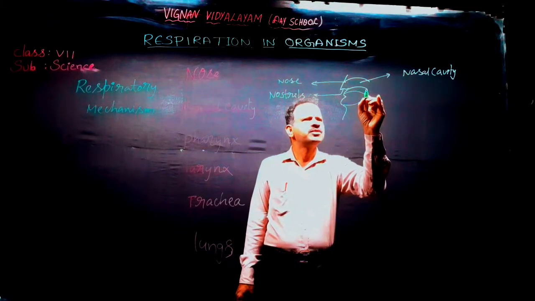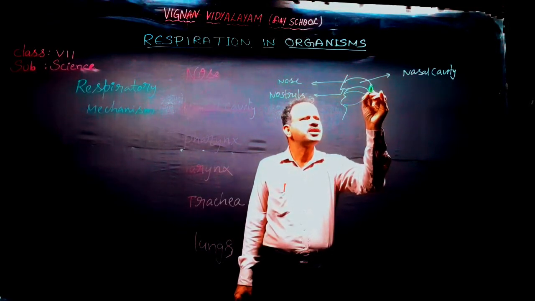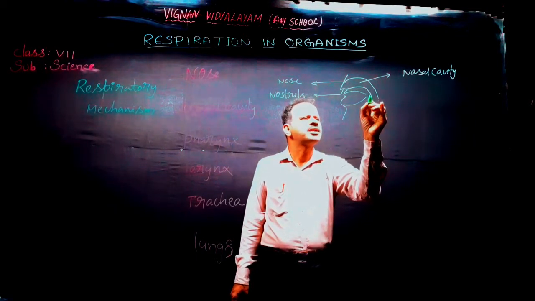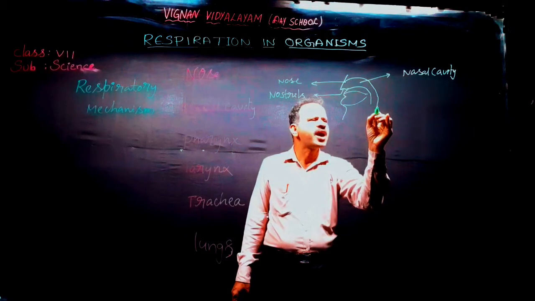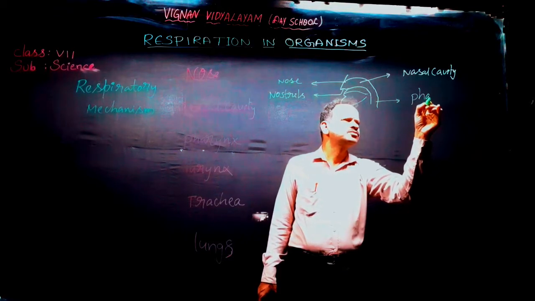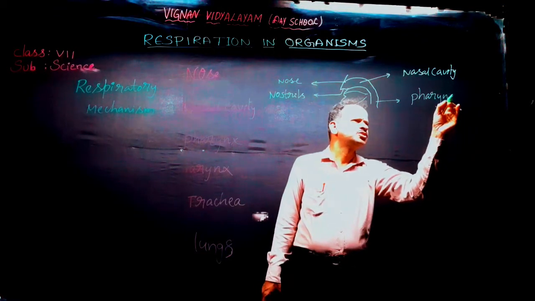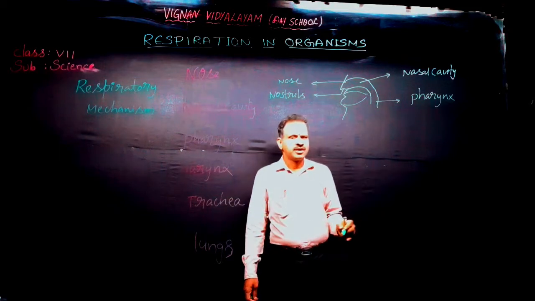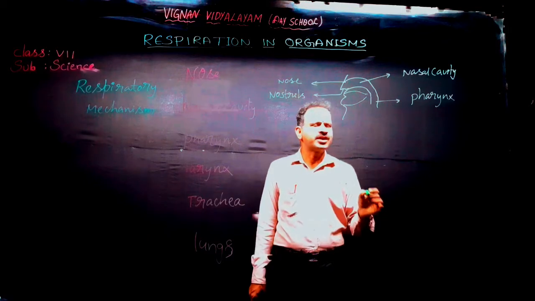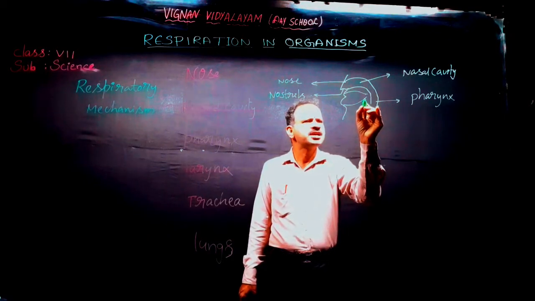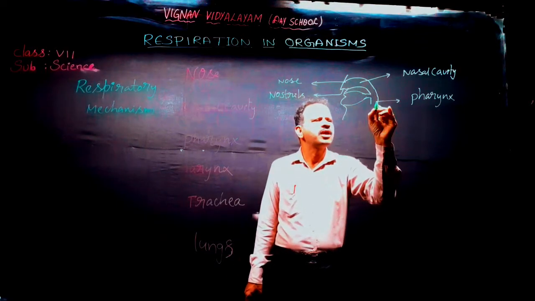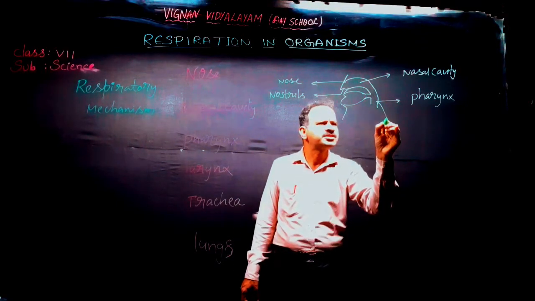We know this nasal cavity opens into the next part, that is pharynx. Children, in the digestive system, we studied about the pharynx. Pharynx is a common junction for both air and food passage.